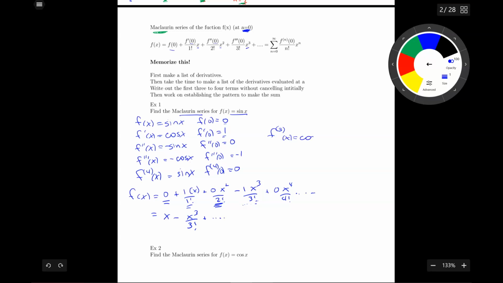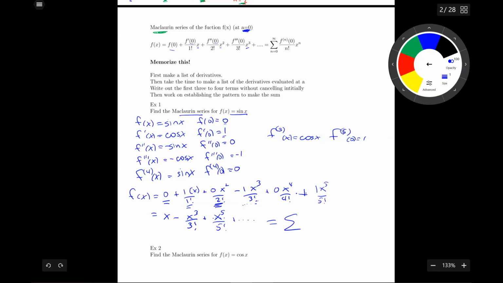The 5th derivative would be cosine of x. The 5th derivative at 0 would be 1. So then I would have plus 1 x to the 5th over 5 factorial. If I wanted to know what the next term was to help me to establish the pattern, dot, dot, dot.